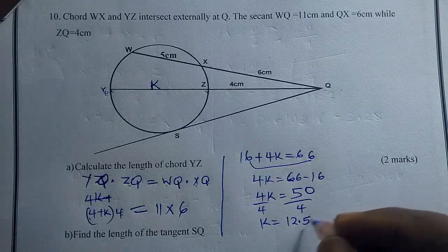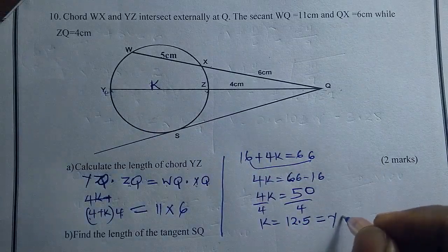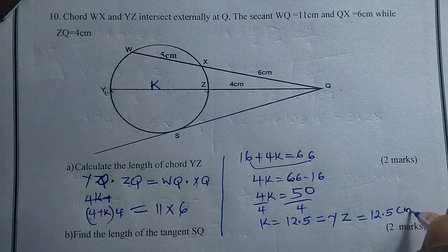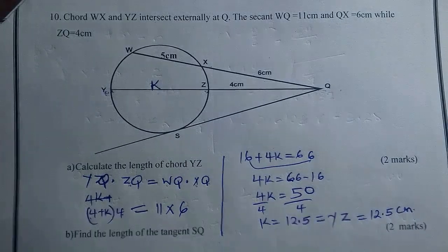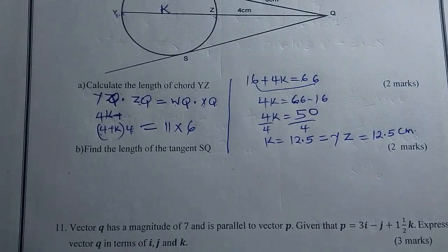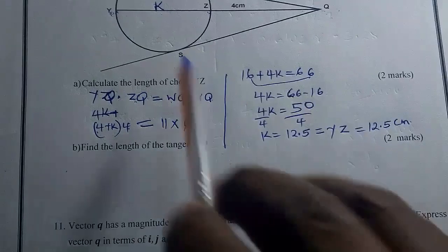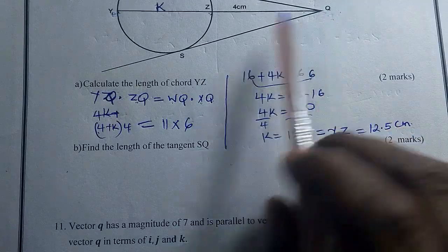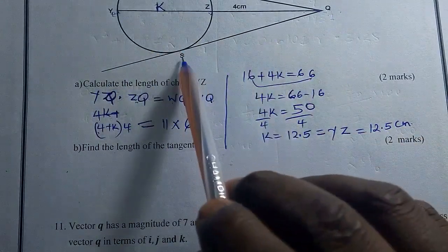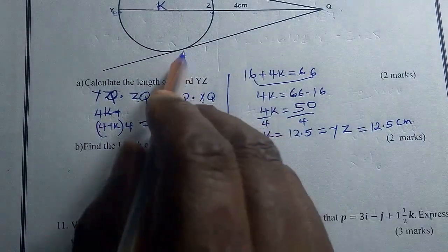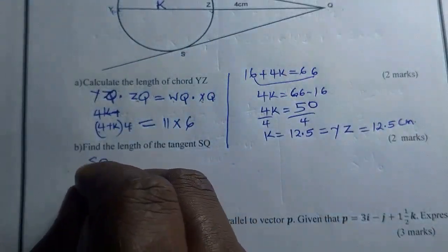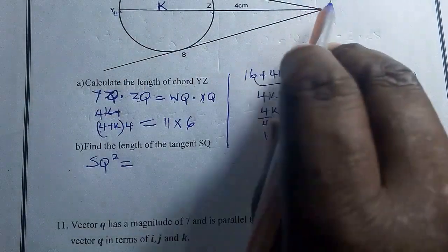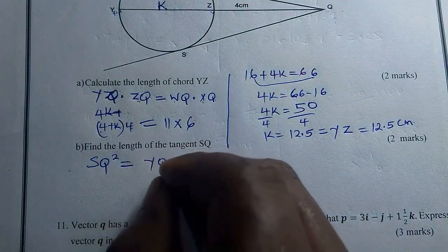But K, we had given that is YZ, which is equal to 12.5 centimeters. Now S is a tangent. Now we are going to use SQ and YQ to calculate the distance SQ. Since this is a tangent, we say that SQ squared will be equal to YQ multiplied with ZQ.